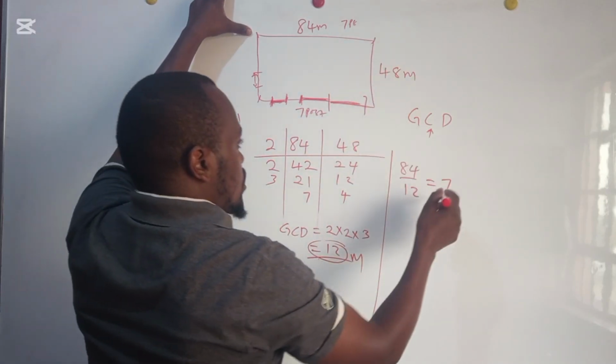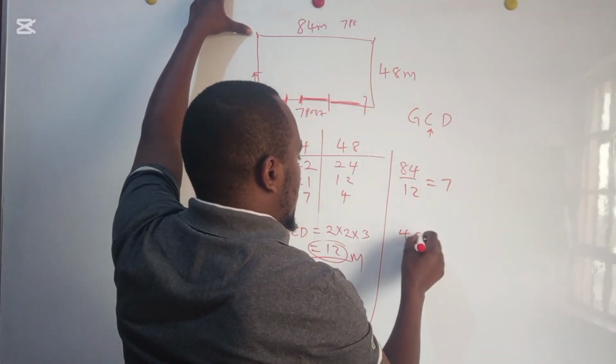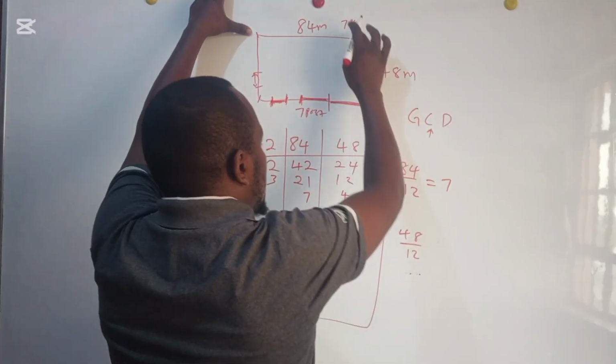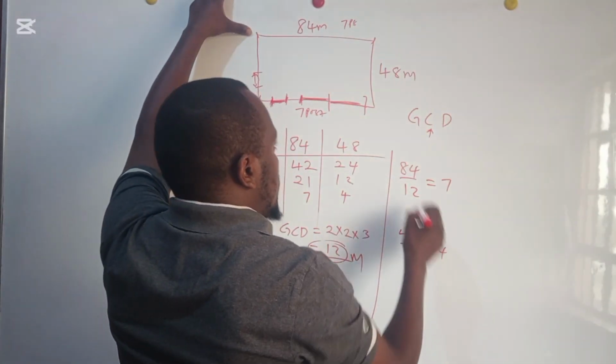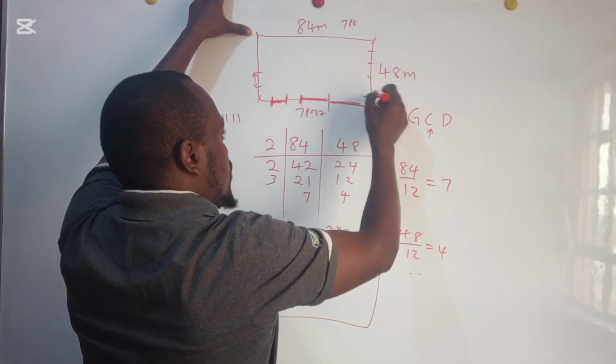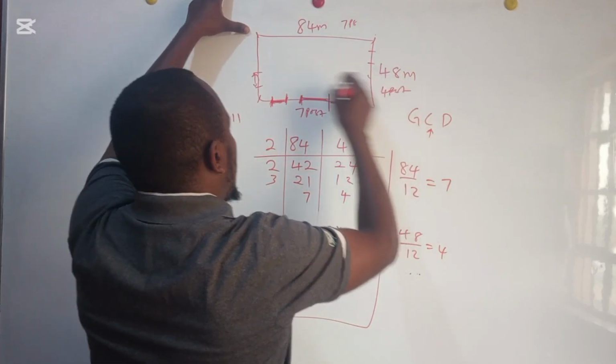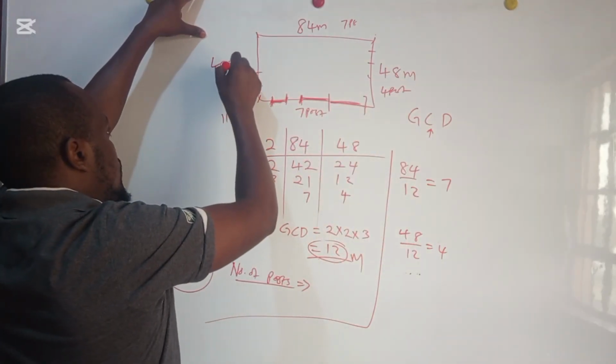What about here? You are going to have 48 divided by 12, that is, 48 divided by the GCD. You are going to have 4. So on this end, you are going to have 4 posts, and here, 4 posts.